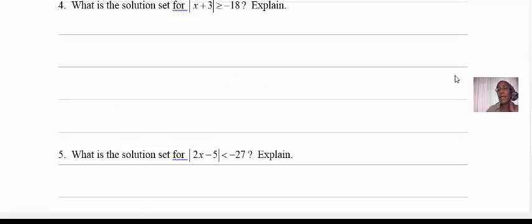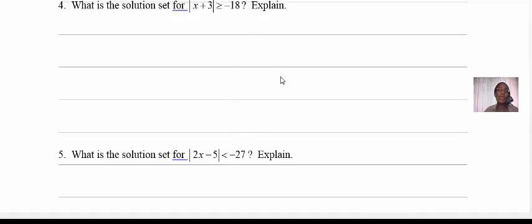All right, here we have two special situations. You'll notice in both of the previous statements about how to rewrite an absolute value inequality without an absolute value involved, the number on the right side of the inequality was always positive. Here we have two negative numbers.